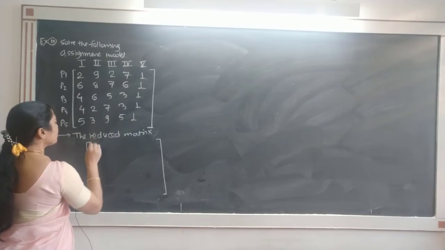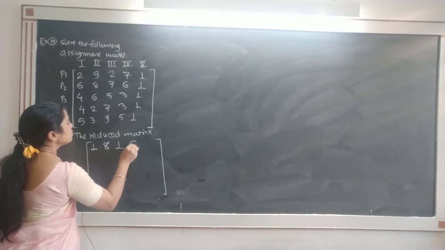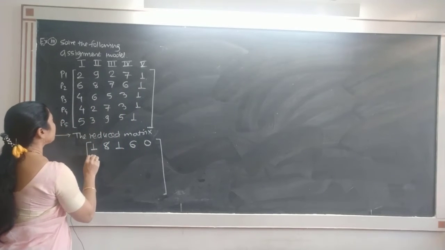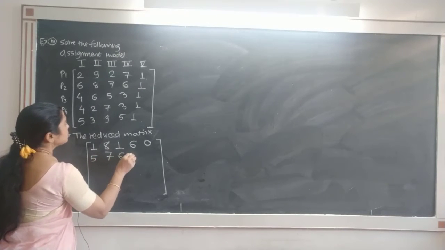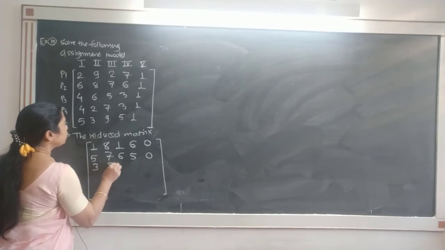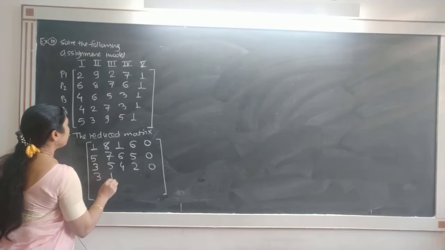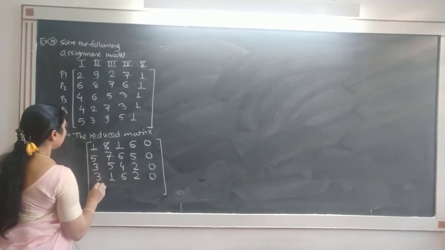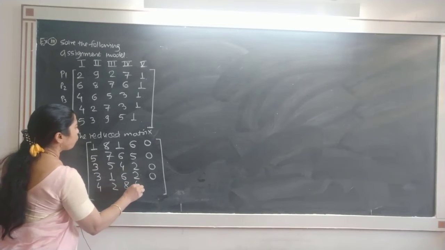First row has smallest 1, so subtract 1, remains 1, 8, 1, 6, 0. Every row has smallest 1, so subtract 1 from every row, 5, 7, 6, 5, 0, 3, 5, 4, 2, 0, 3, 1, 6, 2, 0 and 4, 2, 8, 4, 0.